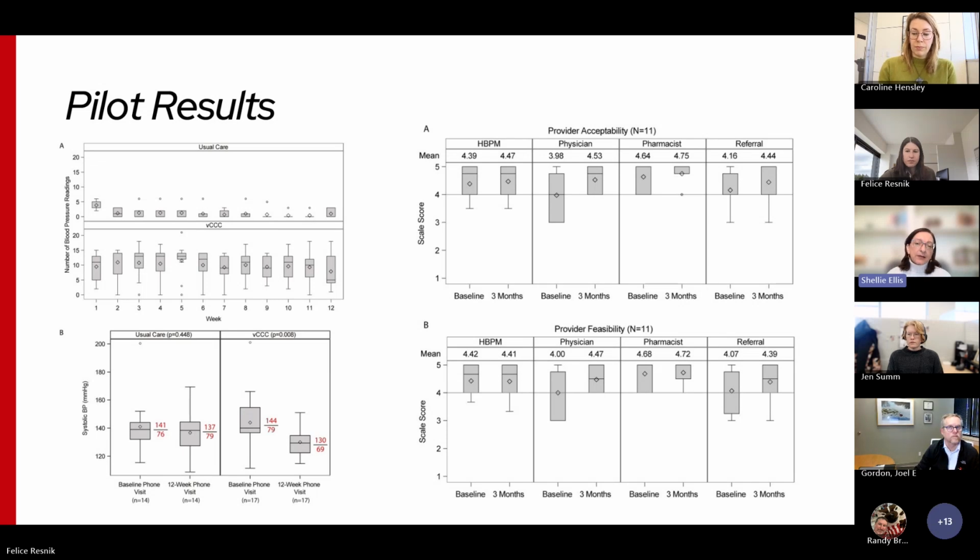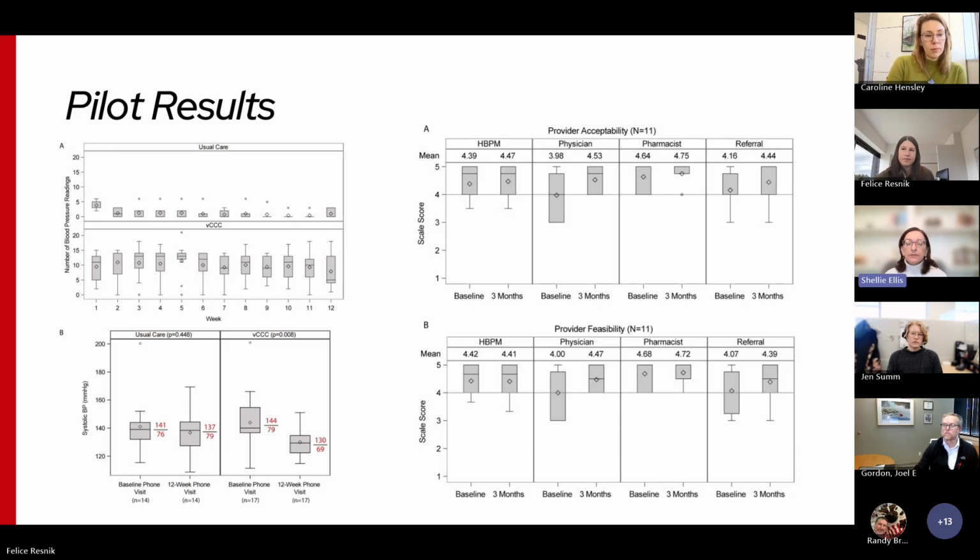And when we looked at what the providers thought about the different components of the program, such as the home blood pressure monitors, having the physicians not as involved in the care process as they typically would be, having pharmacists manage blood pressure, and the entire automatic referral to this program, at the start of the program they gave it high marks.